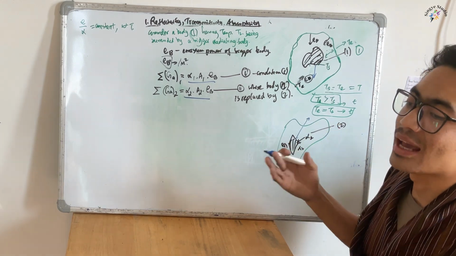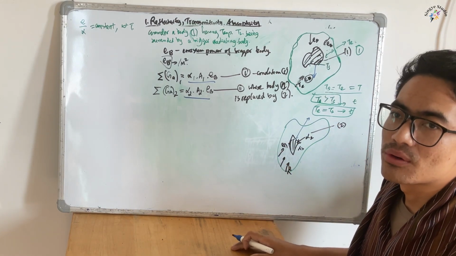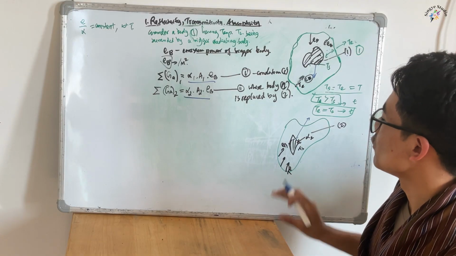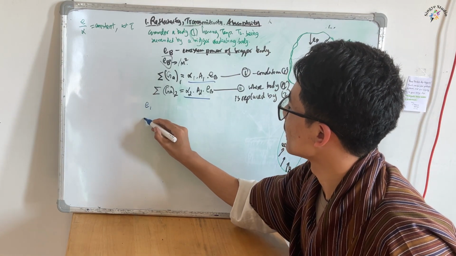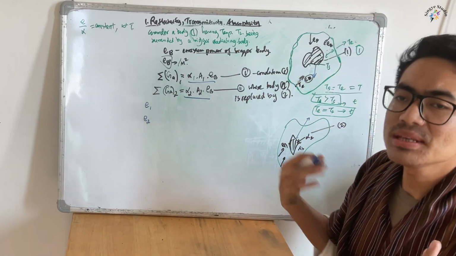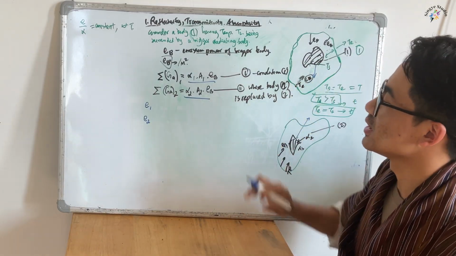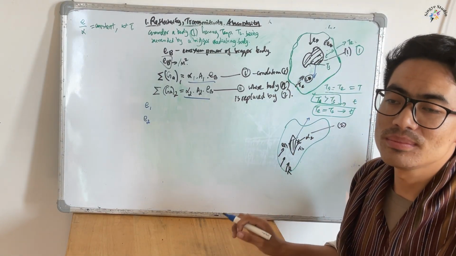Now, what is the energy that they can give? We have to define that E1 and E2 are the emissive powers of my smaller bodies 1 and 2. So what does emissive power mean now?